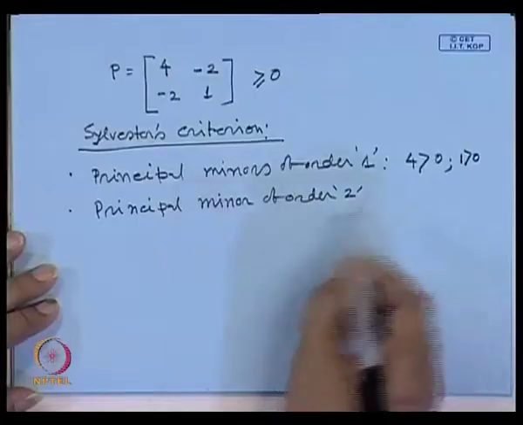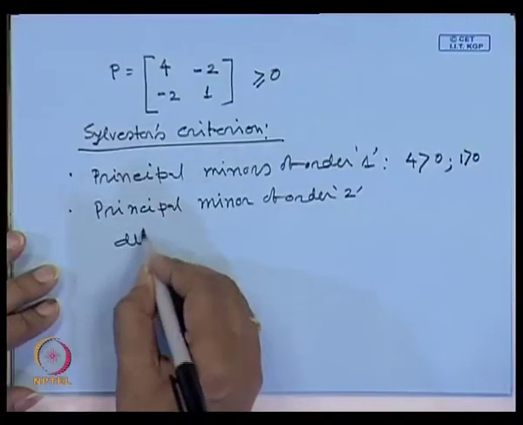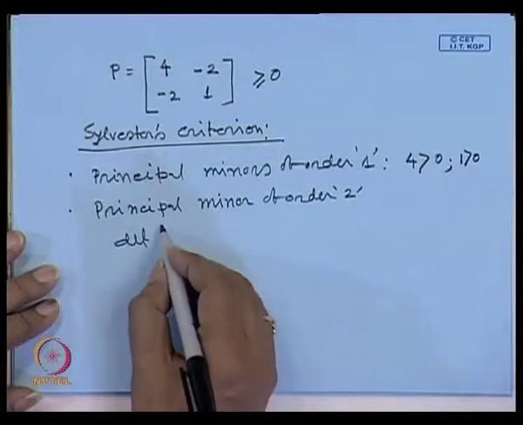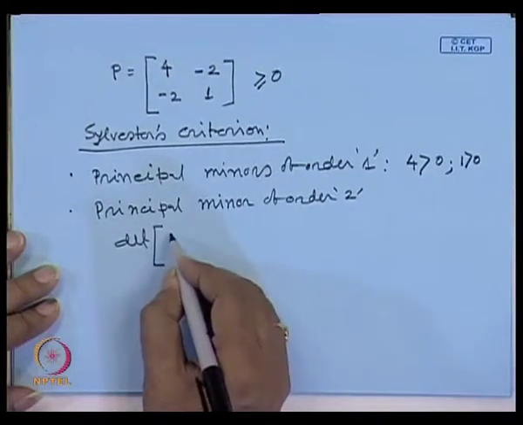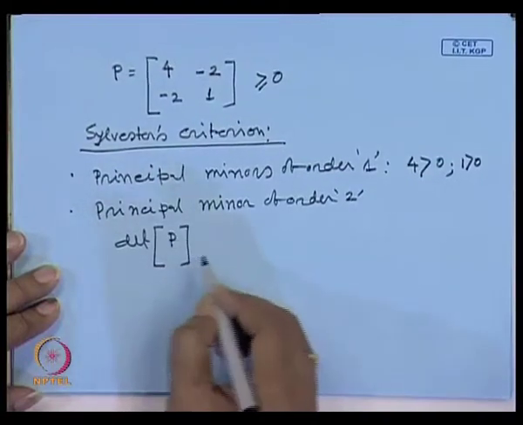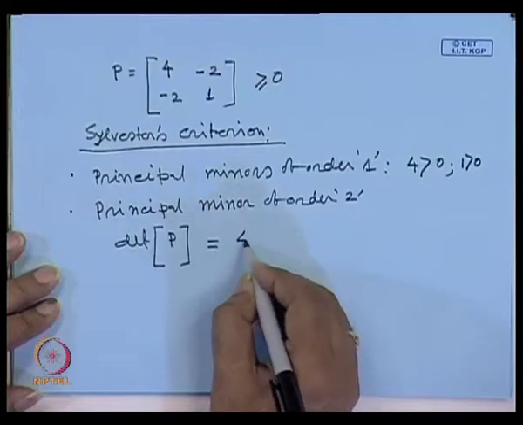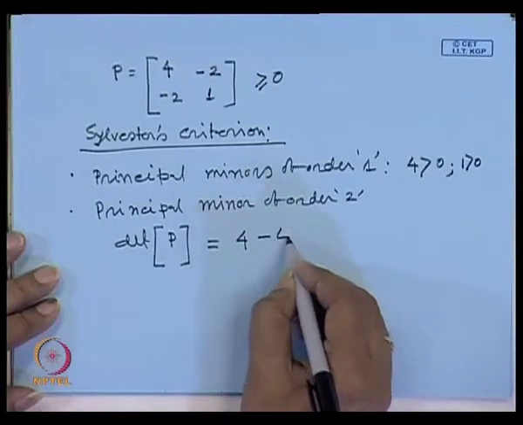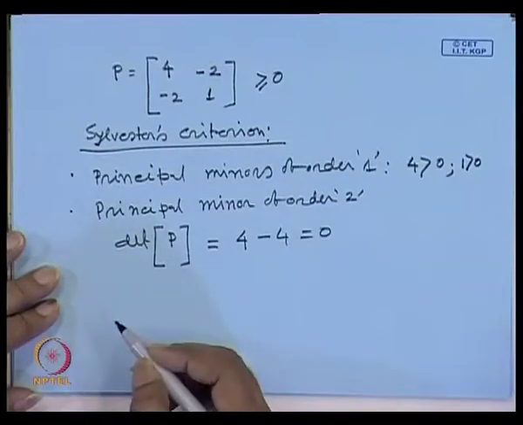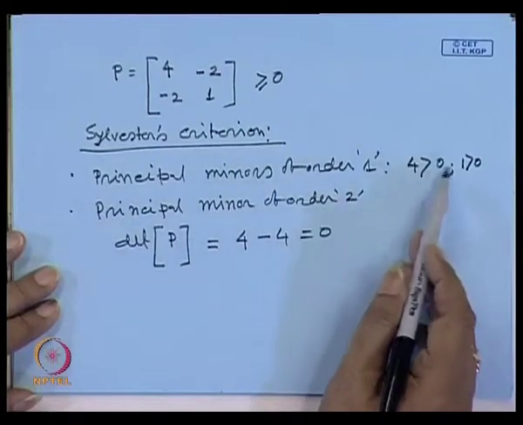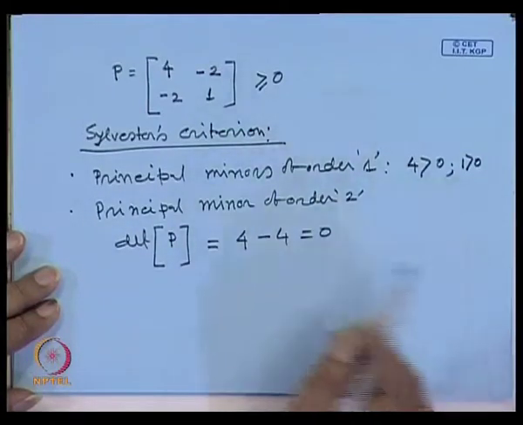So this order is the determinant of size 2 by 2, the determinant of our original matrix P. And if you see, the determinant of this P is 4 minus 4, which is 0. So one case is positive, another is 0. So the matrix is a positive semi-definite matrix.